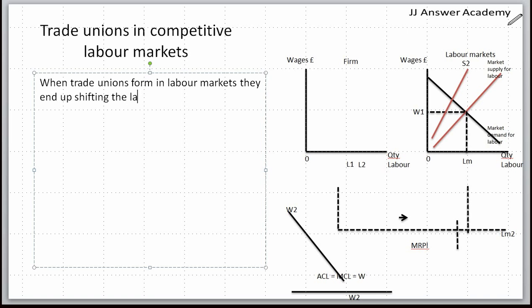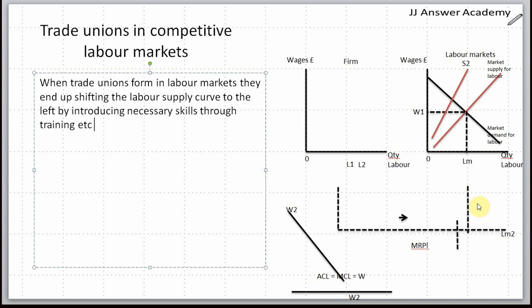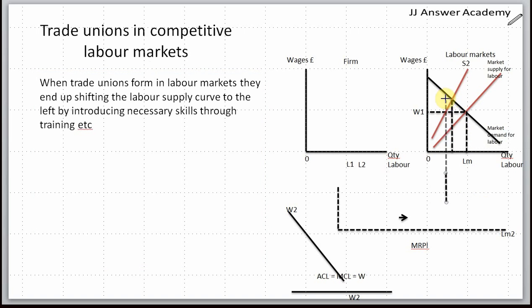Because what they do is they'll introduce trainings and qualifications that are necessary for that job, and what that does is it raises the market wage rate from W1 to W2.